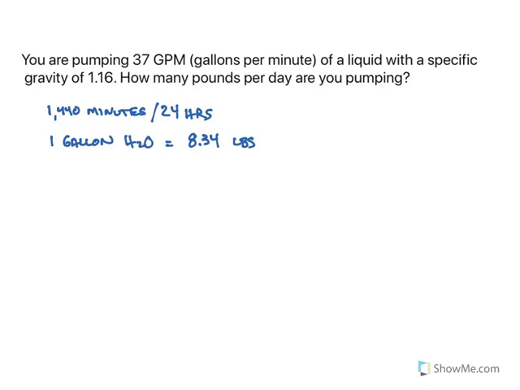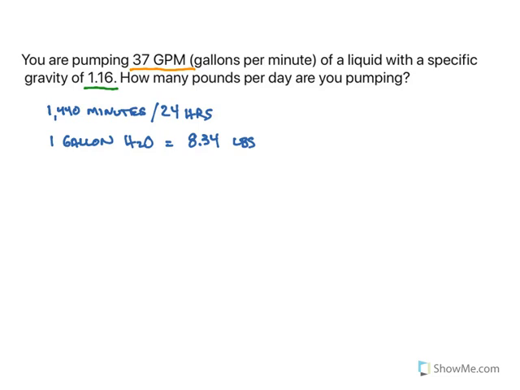You see the information that we're given. We are told that we're pumping 37 gallons per minute of a liquid with a specific gravity of 1.16. So specific gravity is a way for us to compare the density of an unknown liquid, or a known liquid actually, to water.